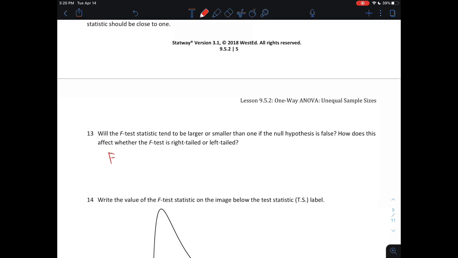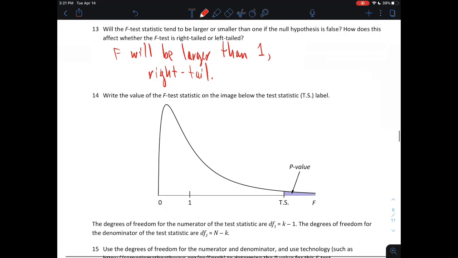So F will be larger than 1, and we would have a right tail. For this test, just like lesson 951.